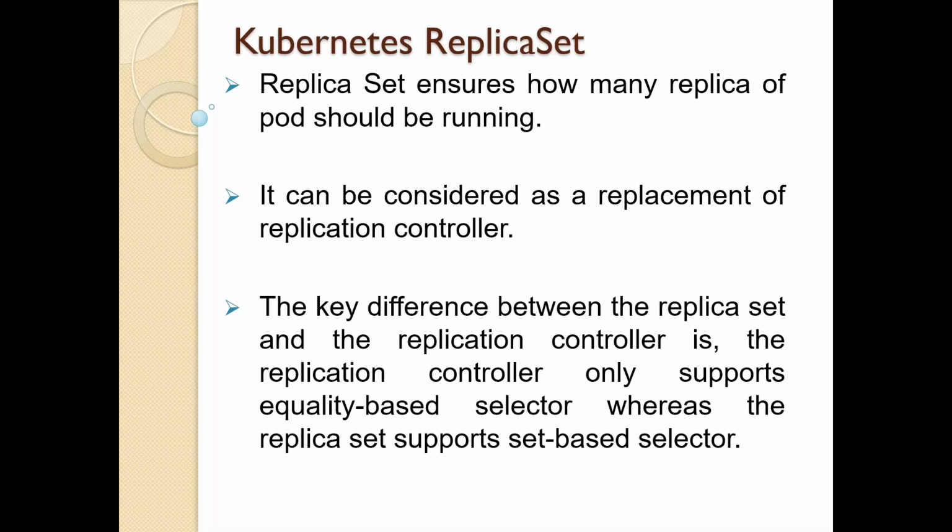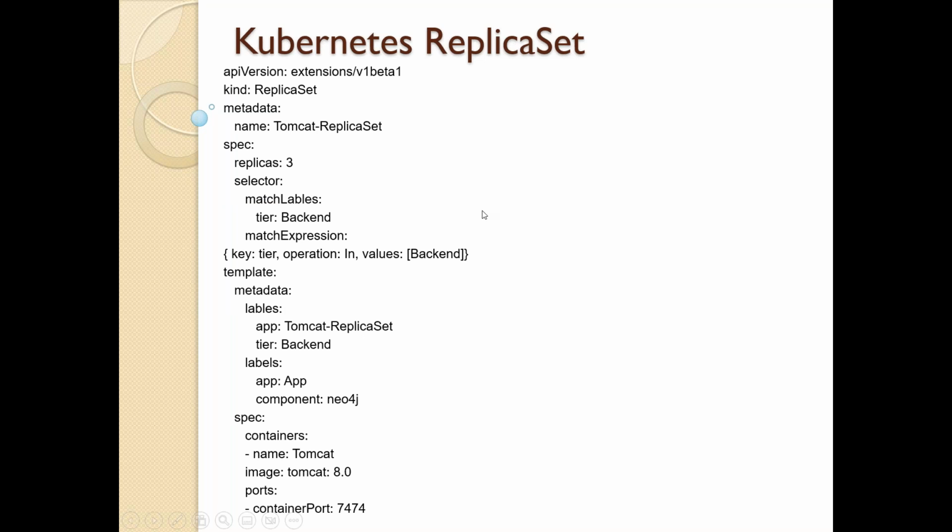The only difference here is that the replication controller supports equality-based selectors, where app equals something, whereas the replica set supports set-based selectors, right? So you can match some expression here, saying key equals tier, operation in, values backend.